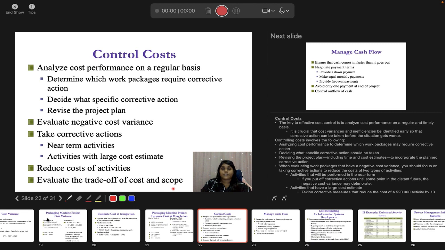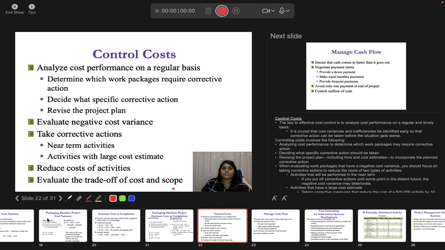If you figure out that this activity can be done quickly, in a reduced duration, then you can reduce the cost of that particular activity, because when you reduce your duration, then ultimately you will reduce the cost of the activities.